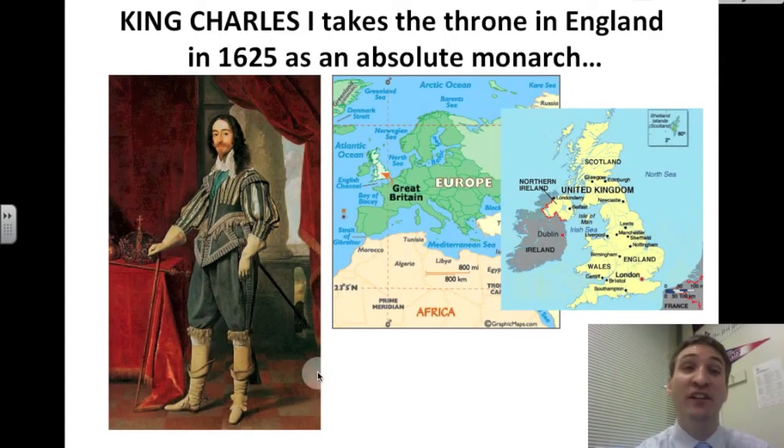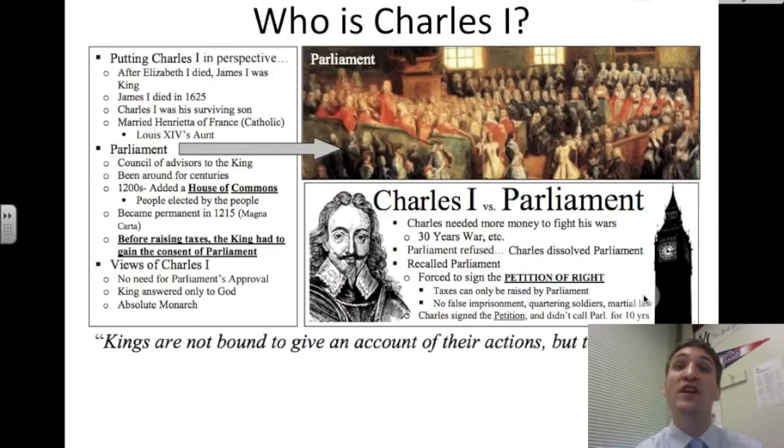And in England, in the 1600s, King Charles I takes the throne in 1625, and he says that he is an absolute monarch. There is King Charles I with his goatee and his royal gear. You see his crown to show his royal power, and he is the leader of Great Britain. Who is Charles I?